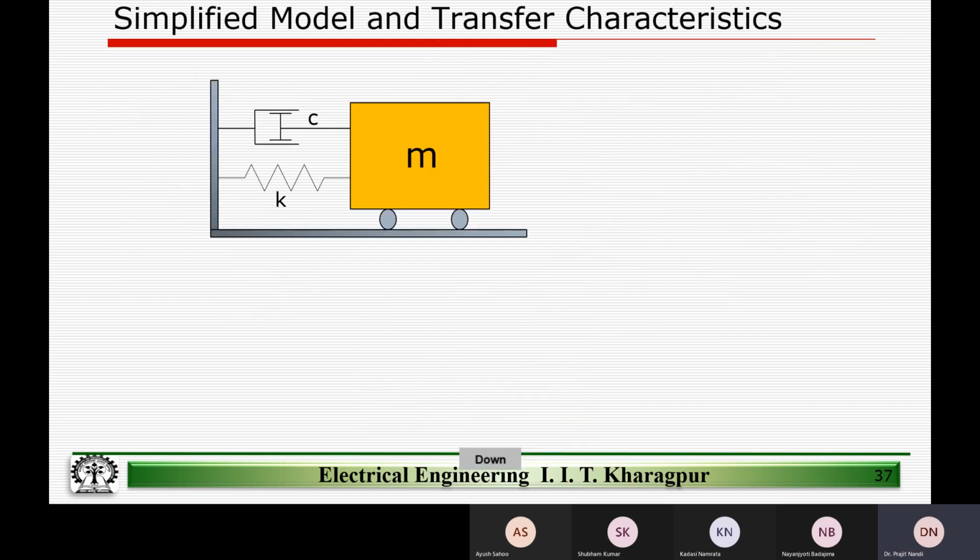Okay, so now what we will do is we'll try and look at a simplified model of the material, right? Because we are talking of a material which we are, let's say, compressing, applying a force or whatever. So when we release the force, what happens? We have compressed a material.